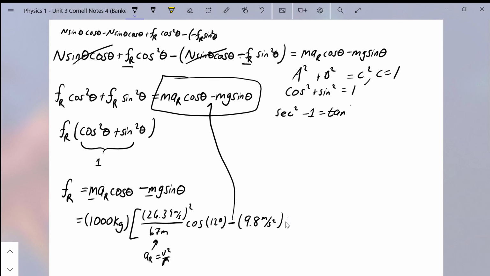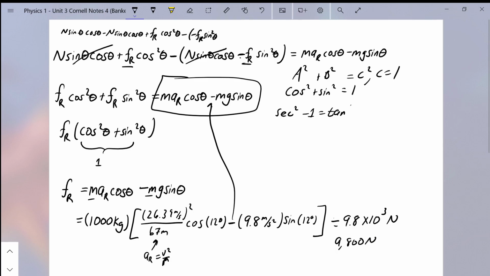So minus g sine theta, which is sine of 12 degrees. If I plug this all into a calculator, I will get a force that is 9.8 times 10 to the third newtons, or about 9,800 newtons.